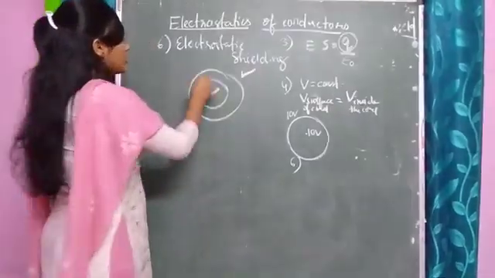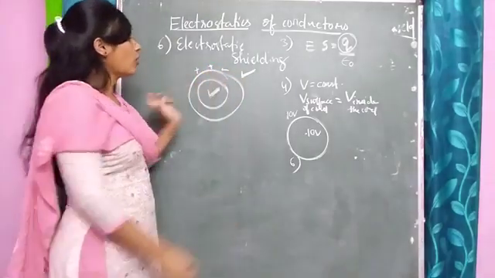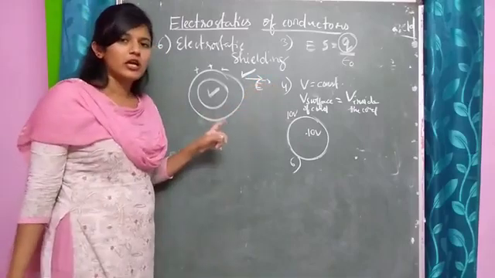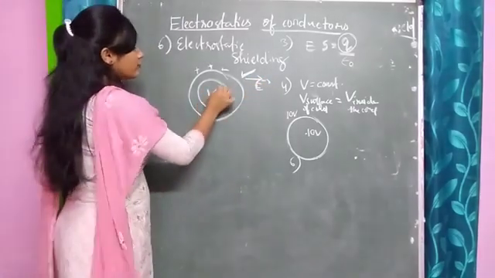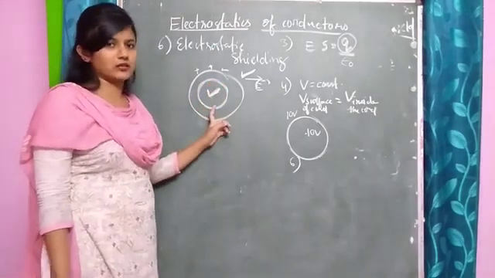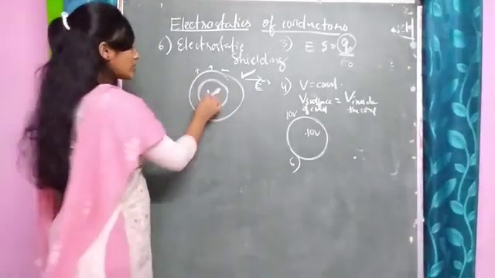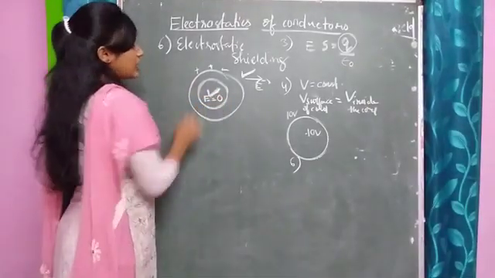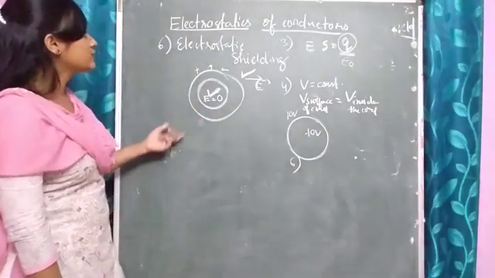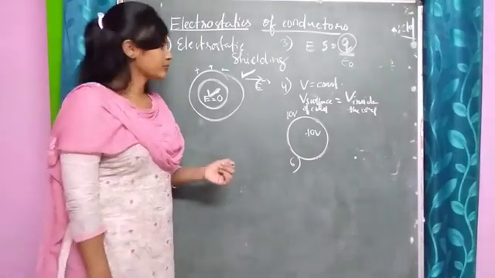If you have any external electric field, there will be no effect inside the cavity of the conductor. So the electric field inside the cavity will again be equal to 0, and this phenomenon is known as electrostatic shielding.